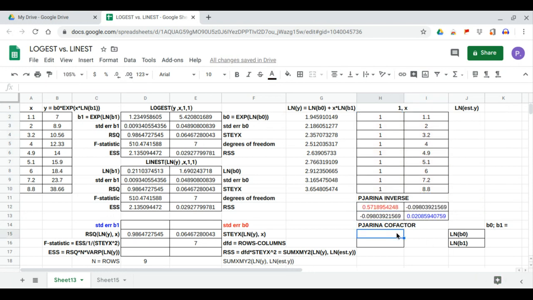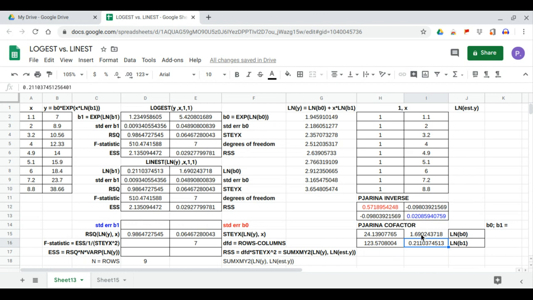And we can calculate the XTy cofactor, which is MMULT of the transpose of this matrix and the ln y values. Now we can calculate for the coefficients. The coefficient will be MMULT of the XTX inverse and the XTy cofactor.